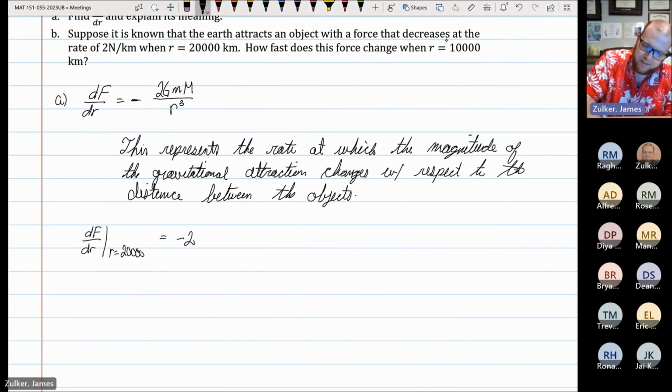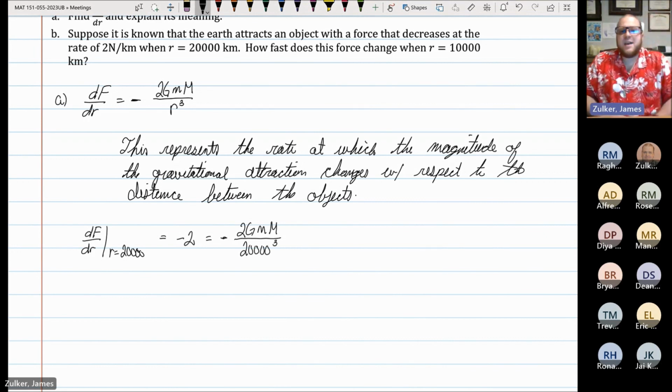It's decreasing. That has to equal -2G little m big M all over 20,000 cubed.